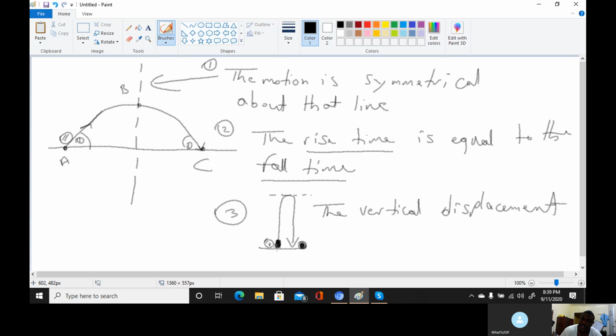What I'm saying is, in terms of the total vertical displacement when the ball goes up and down, we need to remember what displacement means, the definition of displacement. The simple definition is a change in position. So if I define displacement as a change in position, then if I throw an object up and the object comes back to the same position, it means that there is no displacement.